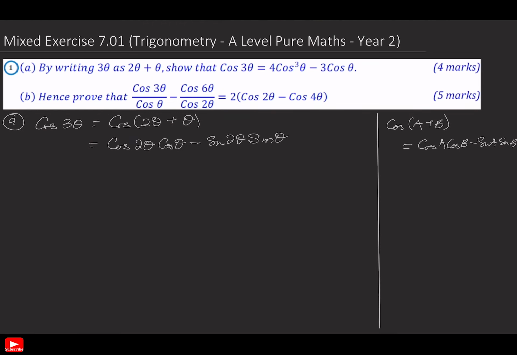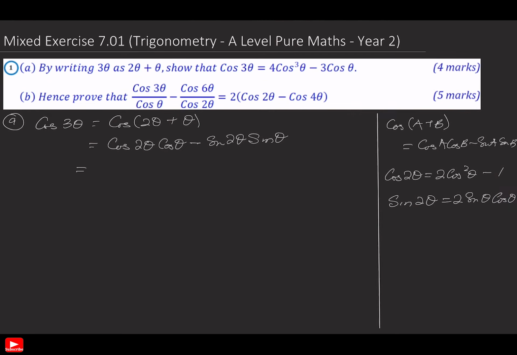But you also know that cos 2 theta is equal to 2 cos squared theta minus 1. Also, sine 2 theta is equal to 2 sine theta cos theta. So we're going to replace cos 2 theta with this and then sine 2 theta with this one.